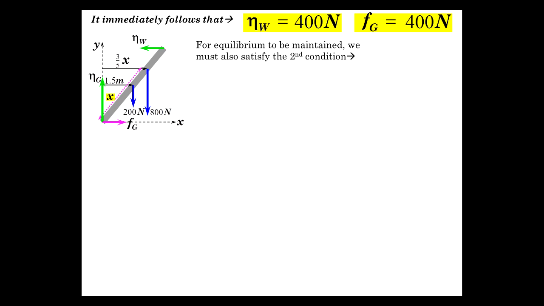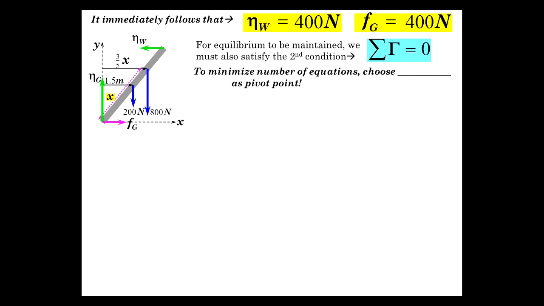So here's our picture again, and we need to maintain equilibrium. So we must satisfy that the sum of the torques is 0 as well. If we want to minimize our number of equations and make our problem as simple as it can be, it's logical to pick a pivot point where the line of action of as many forces as possible goes through that pivot point.